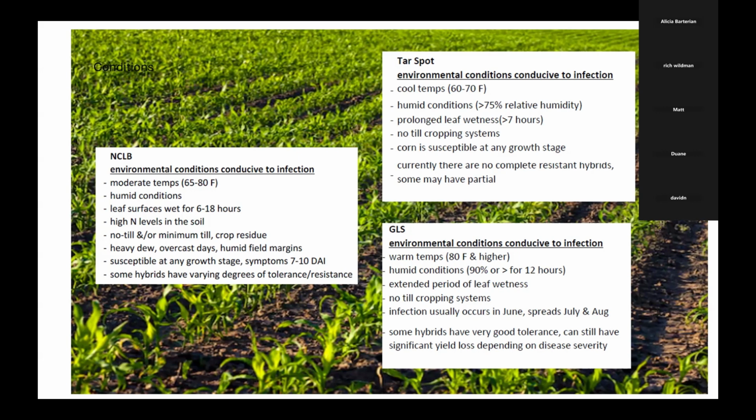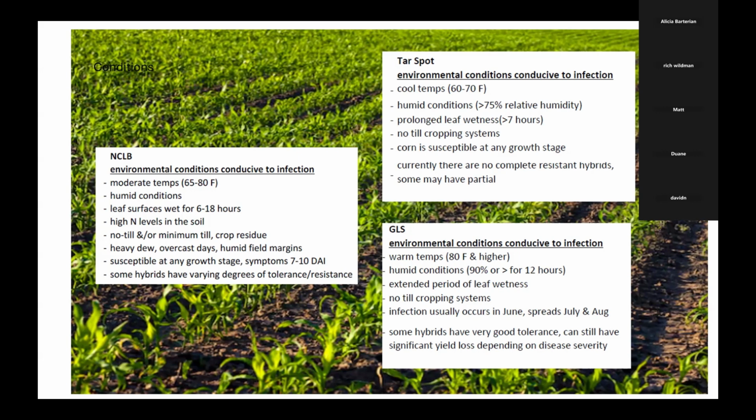There are some hybrids out there with a greater degree of tolerance, but by and large one may respond a little better and still pay the yield loss if we have a heavy intensity. Then we look at gray leaf spot. We've been dealing with that for years, but it likes warm temperatures, again humid conditions, leaf wetness, minimal till, right on down the line.